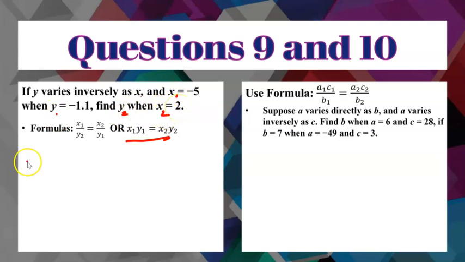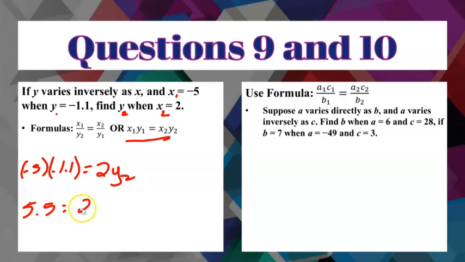So I have -5 times -1.1 has to equal 2 times y subscript 2. So this is going to give me 5.5 equals 2y subscript 2. To get y by itself, I divide by 2.